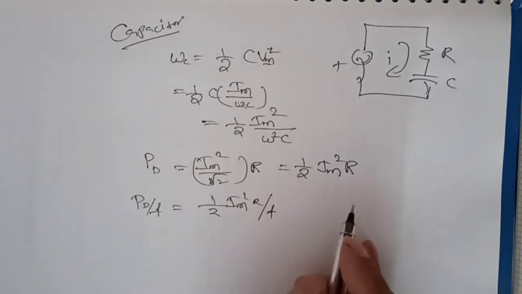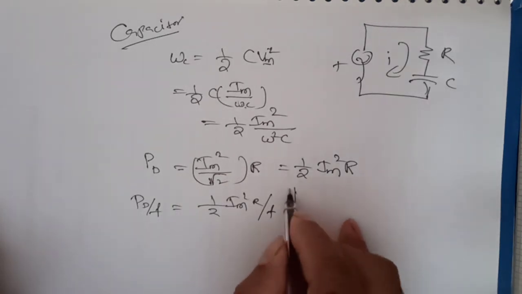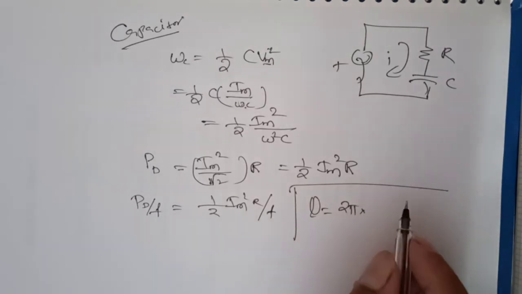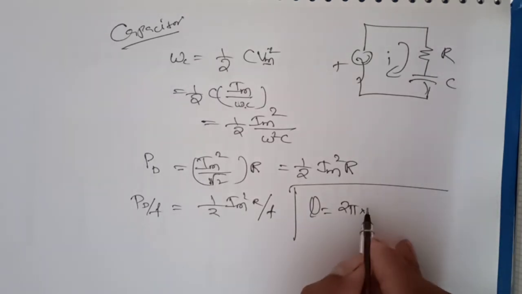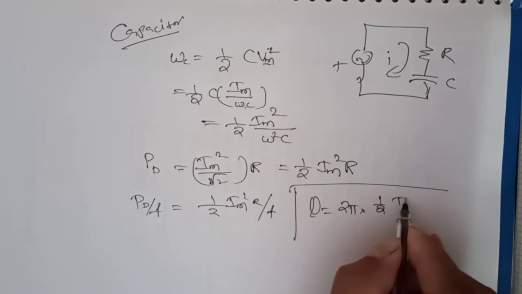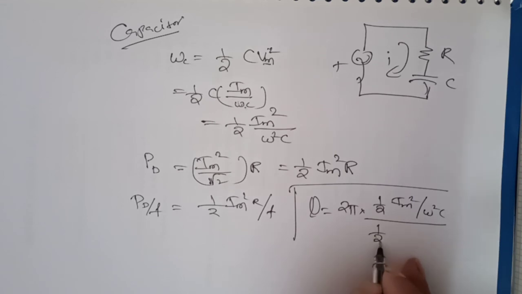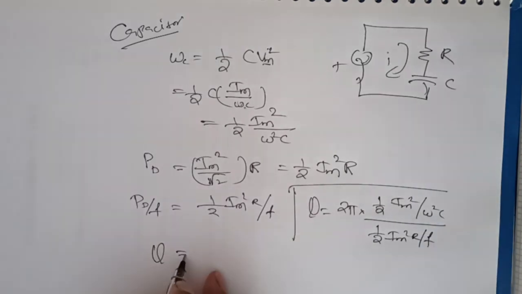Now substitute these terms in the quality factor equation. Q equals 2 pi into maximum energy stored, Im squared by omega squared C, divided by the power dissipated by F. If you solve this equation, we get the quality factor equal to 1 by omega R C.